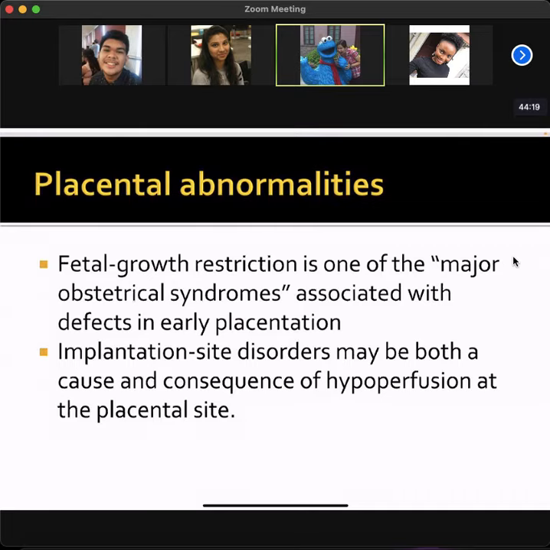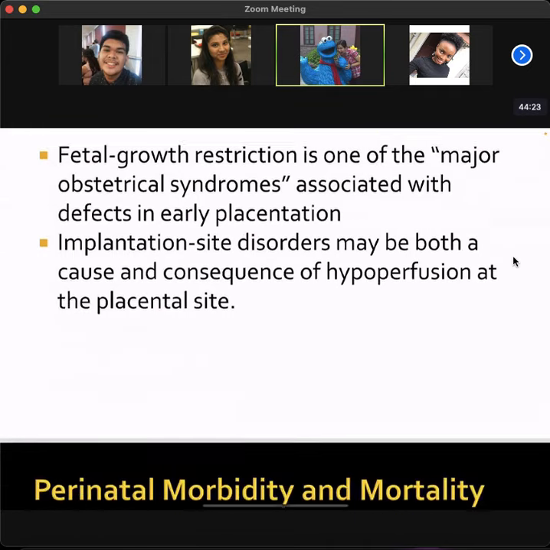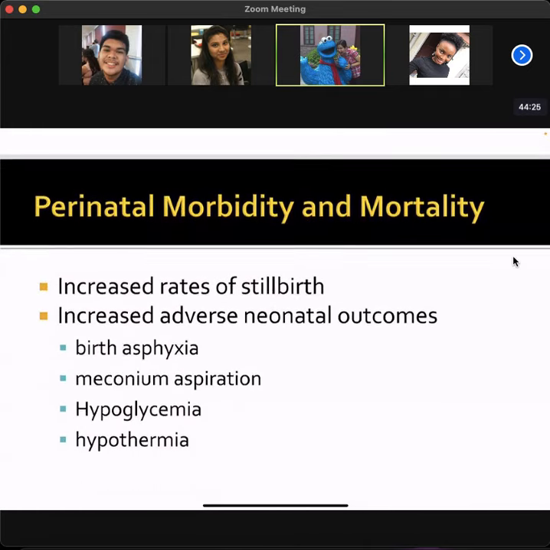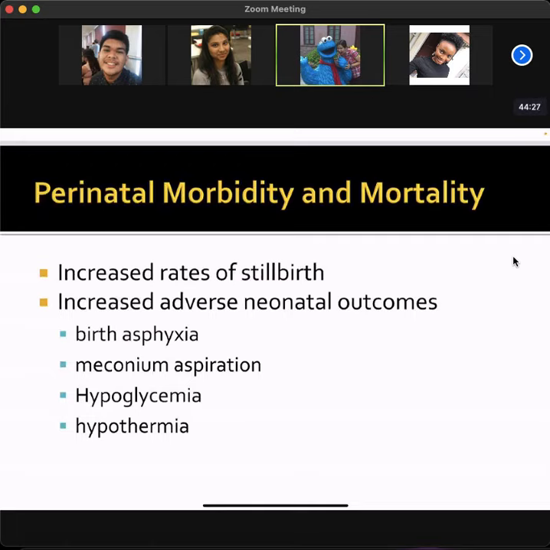So, is there a need to determine if there is growth restriction? Because of the perinatal morbidity and mortality, babies or fetuses that are growth restricted have increased rates of stillbirth. They are also at risk for increased adverse neonatal outcomes, which are birth asphyxia, meconium aspiration, hypoglycemia, and hypothermia.